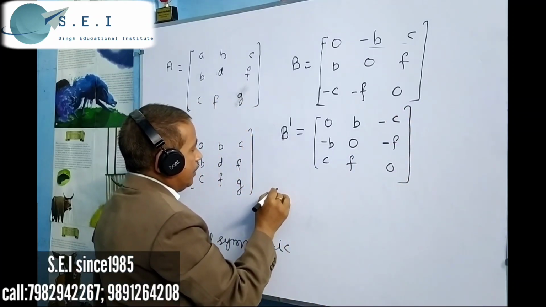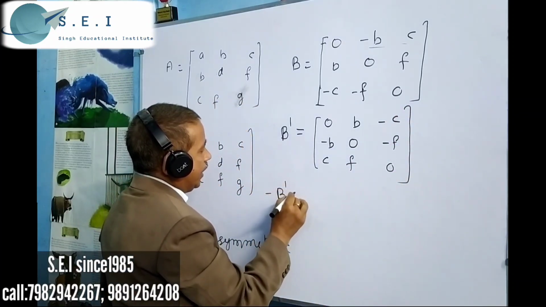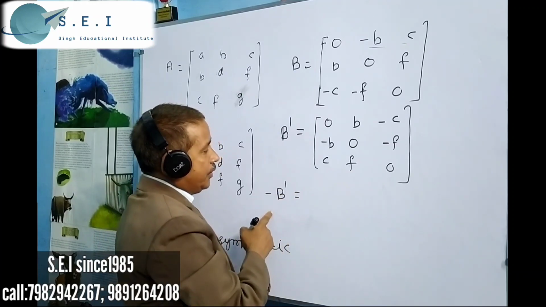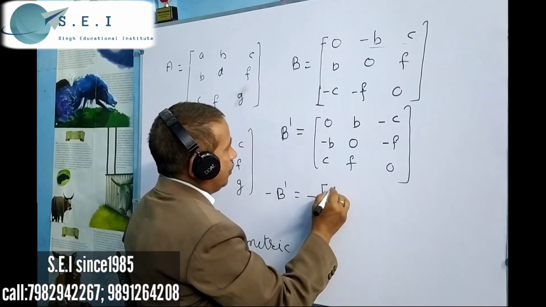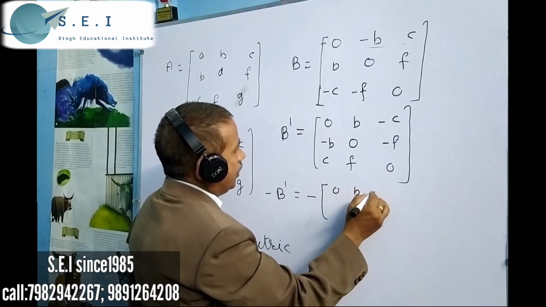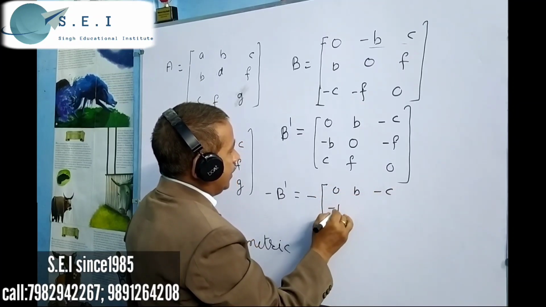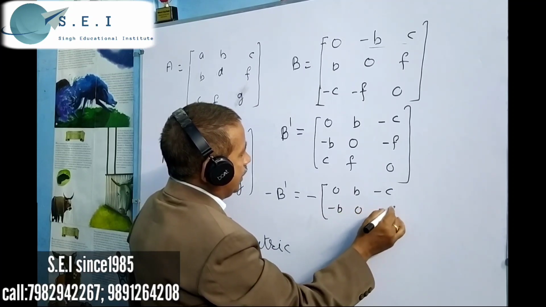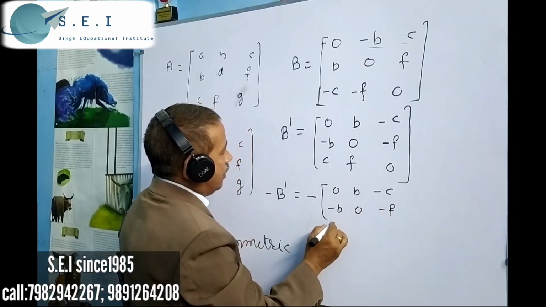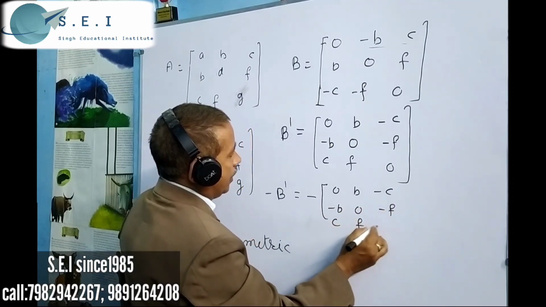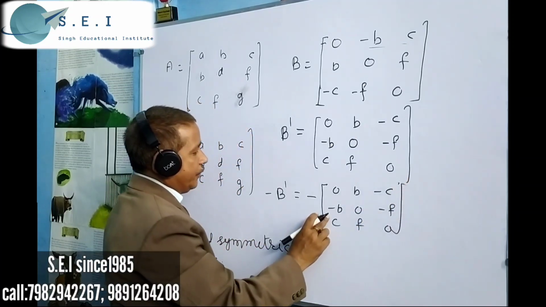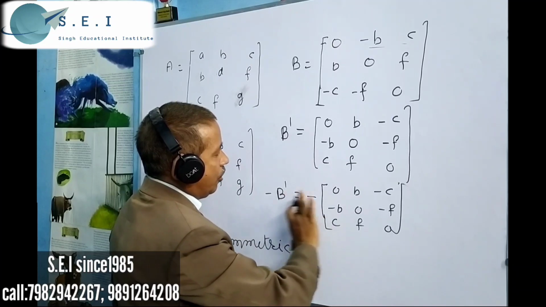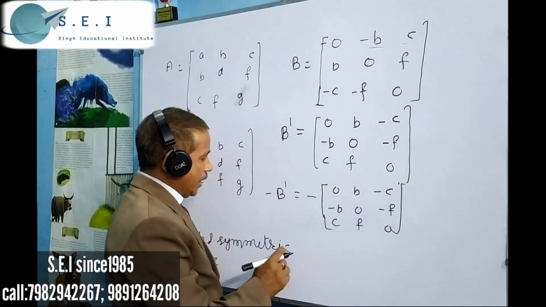Now take the negative of both sides. To get the negative of any matrix, we multiply all the terms with a negative sign.